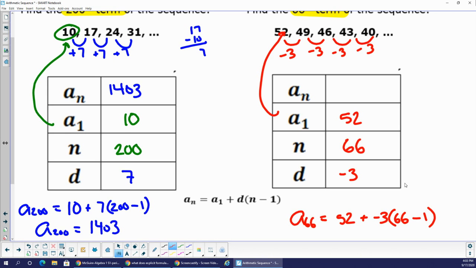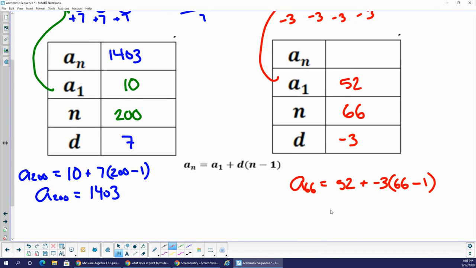All right, so once again, I'm going to type this right into my calculator exactly as I have it written there. Really convenient if you guys have a TI-83 or 84 calculator because it has those parentheses. So 52 plus a -3 times 66 minus 1. Now make sure when you're typing in the -3, you're pressing the negative sign and not the subtraction sign.